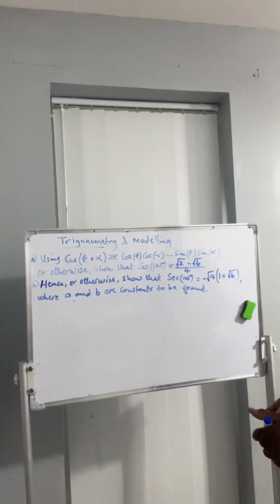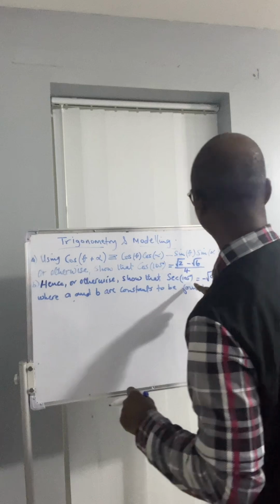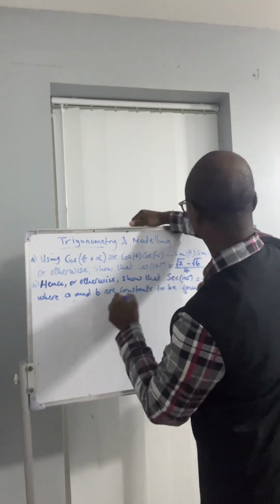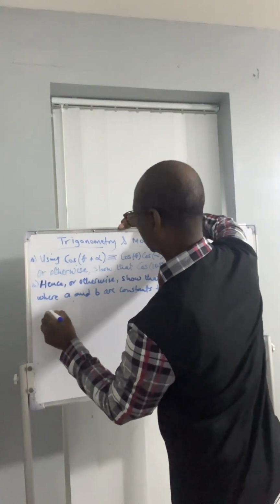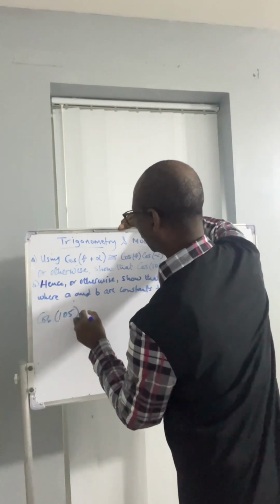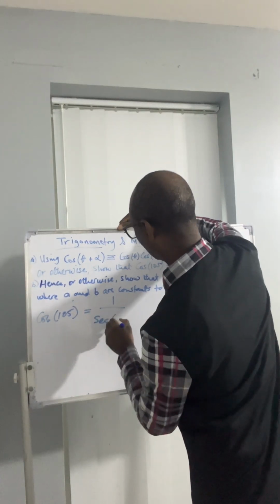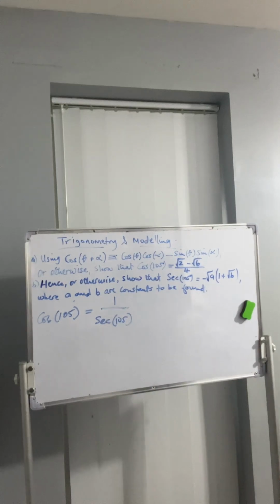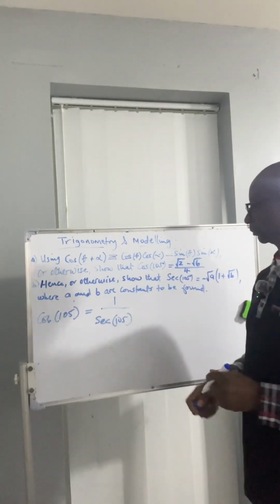So what this is asking us to do here is that the cosine of 105 degrees is the same as 1 all over the sec of 105 degrees, according to the trig identities. This is the relationship between these two.